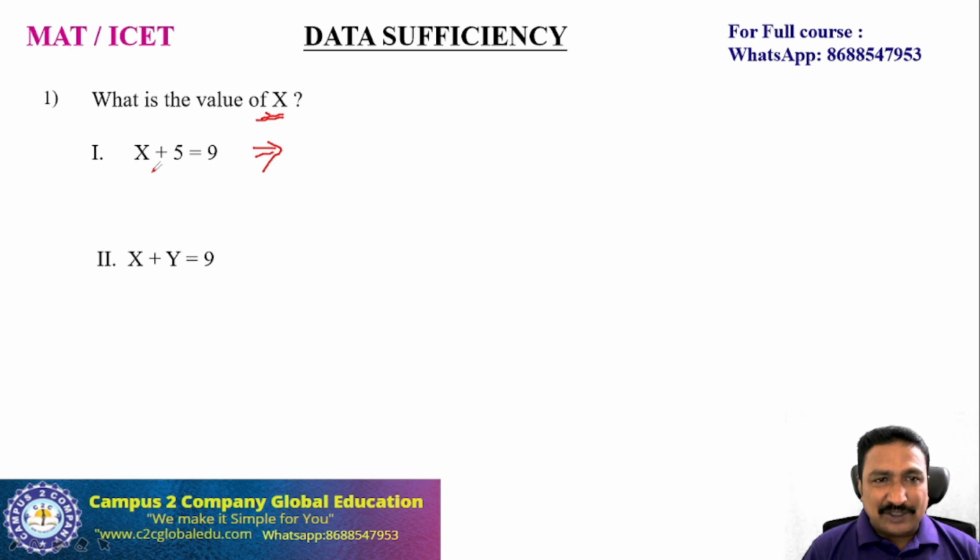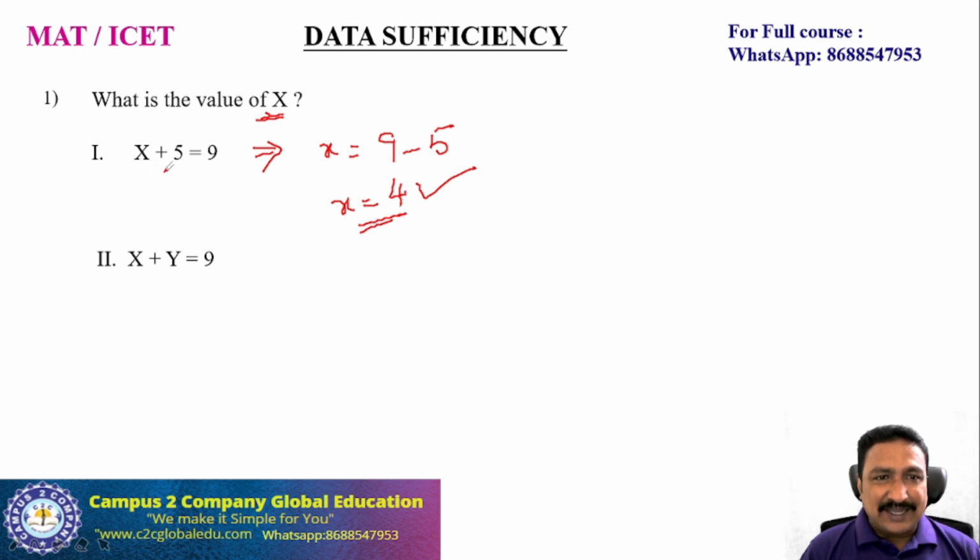According to simple equation basics, x plus 5 is equal to 9 means x is equal to 9 minus 5, because the plus 5 moves from the left-hand side to the right-hand side and becomes minus 5. So x is equal to 9 minus 5, which is 4. So we are getting the answer to the question. From which statement are you getting the answer? From the first statement.